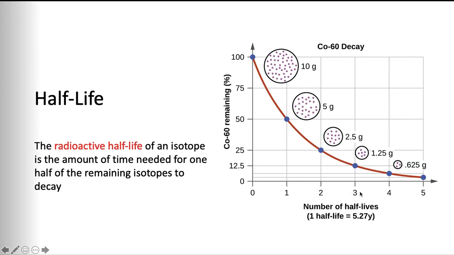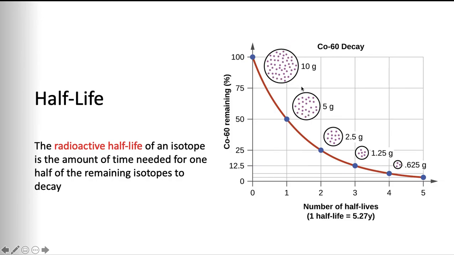After three half-lives, I will have half of my 2.5 grams, or 1.25 grams. After another half-life, I will have half of 1.25 grams, which is 0.625 grams. After another, I cut this in half and have 0.3125, and so on. Every half-life that passes, my amount is reduced by half.